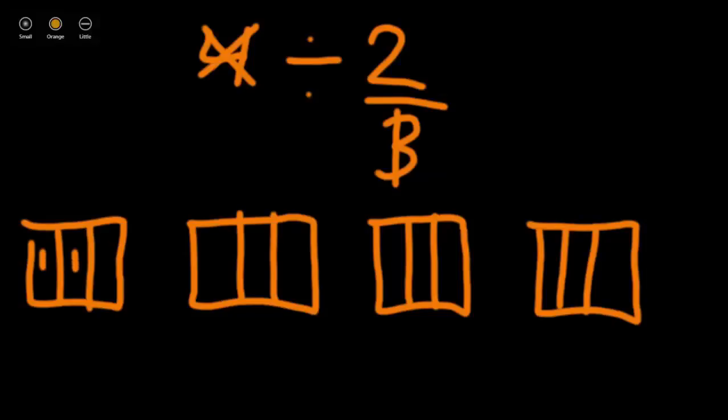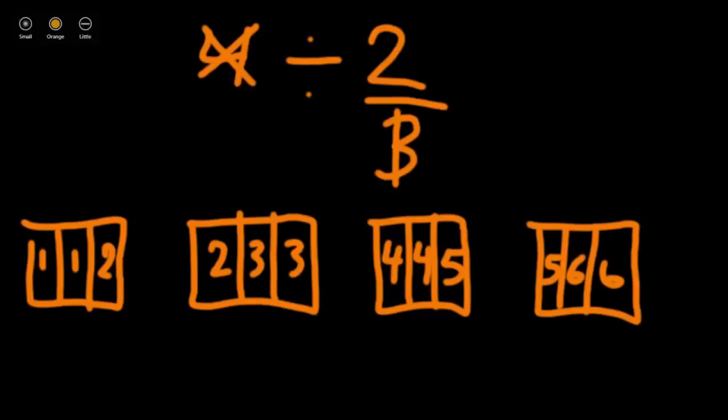Here I have 1 group of 2. 2. Here I have 2 groups. 3 groups. 4 groups. 5 groups. And 6 groups.